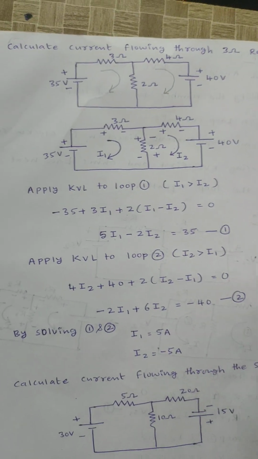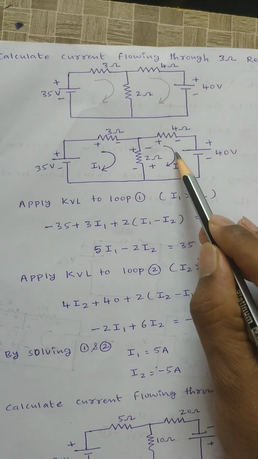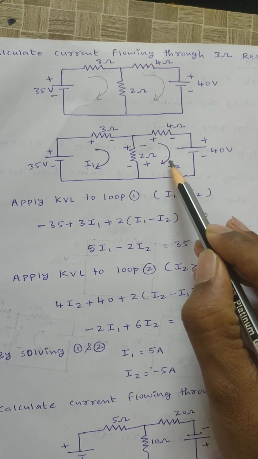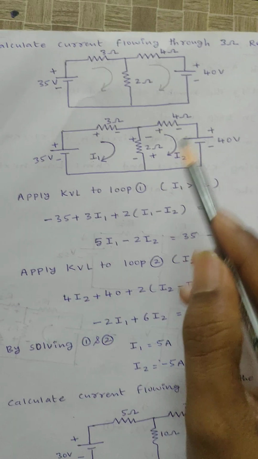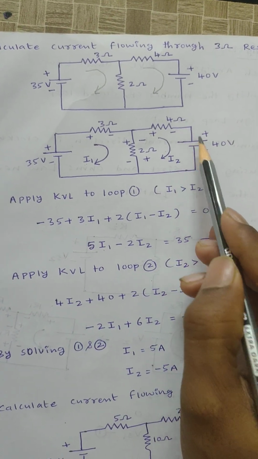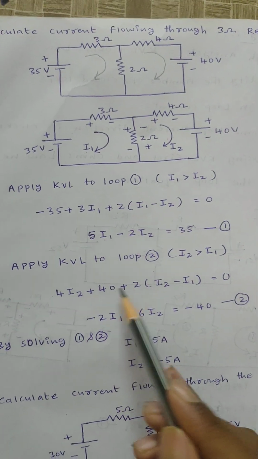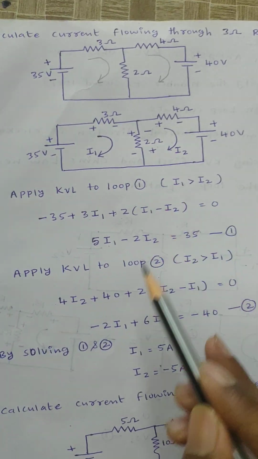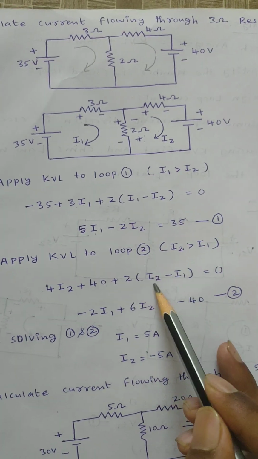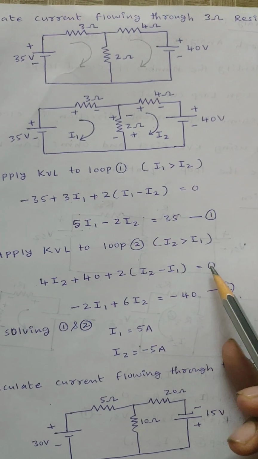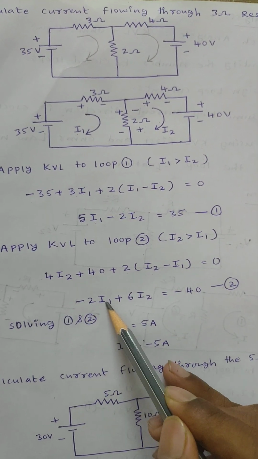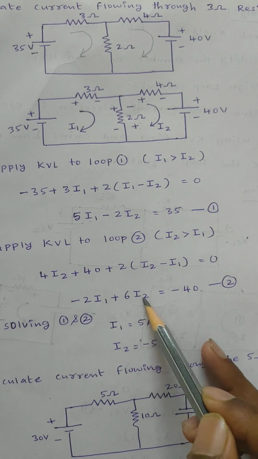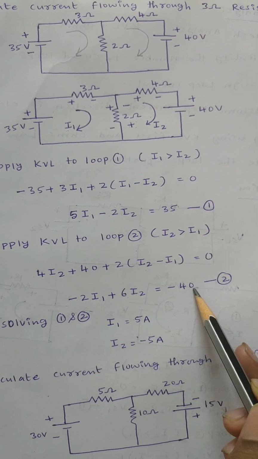Similarly, apply KVL to loop 2. Then for plus minus plus, 4 into I2, plus minus plus 40, again for plus minus plus, 2 into (I2 minus I1) is equal to 0. First write the I1 terms: minus 2I1 plus 6I2 is equal to minus 40.